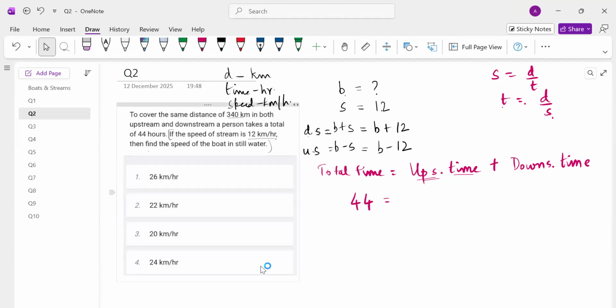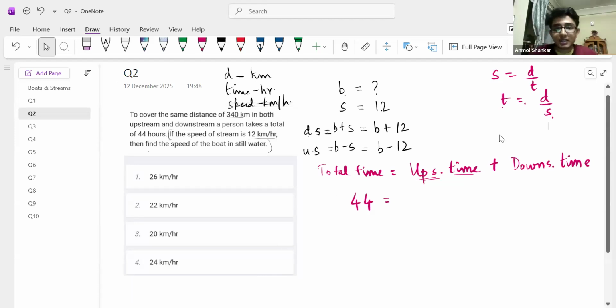340 kilometers is the distance, so distance by speed.